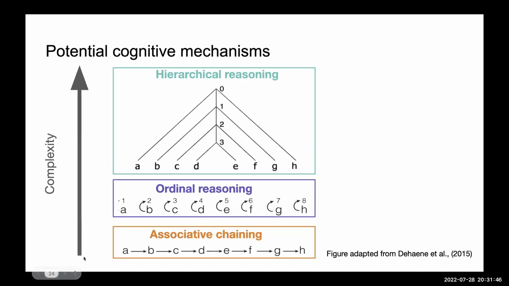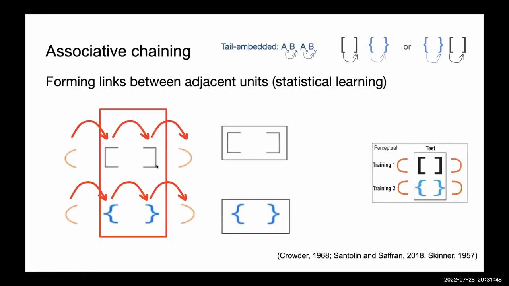I'll talk through what these mechanisms are. As I mentioned, associative chaining would involve extracting the transition probabilities which you saw in the training sequences. So if you were using associative chaining, that would lead you to generate these tail embedded sequences.